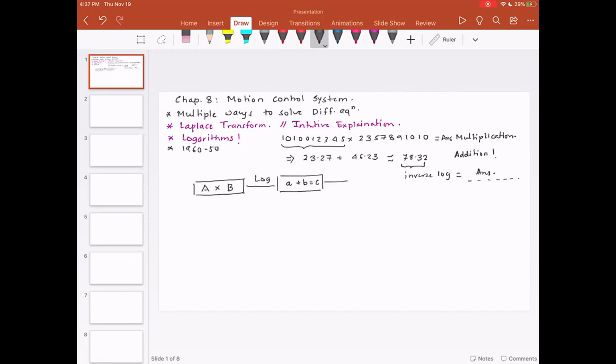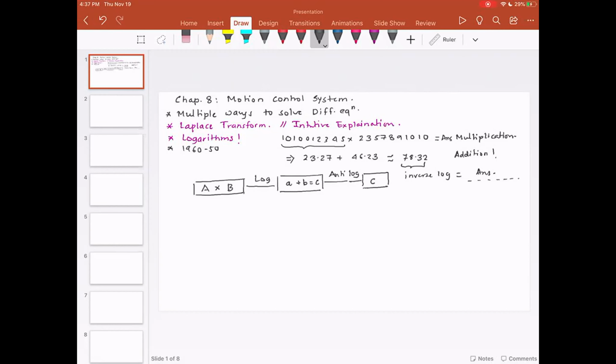And then you take the antilog of the value of C, and you got this. So with logarithm, or with log transform, the multiplication operation got converted into an addition operation, and then you did the anti-log and you got the initial answer.